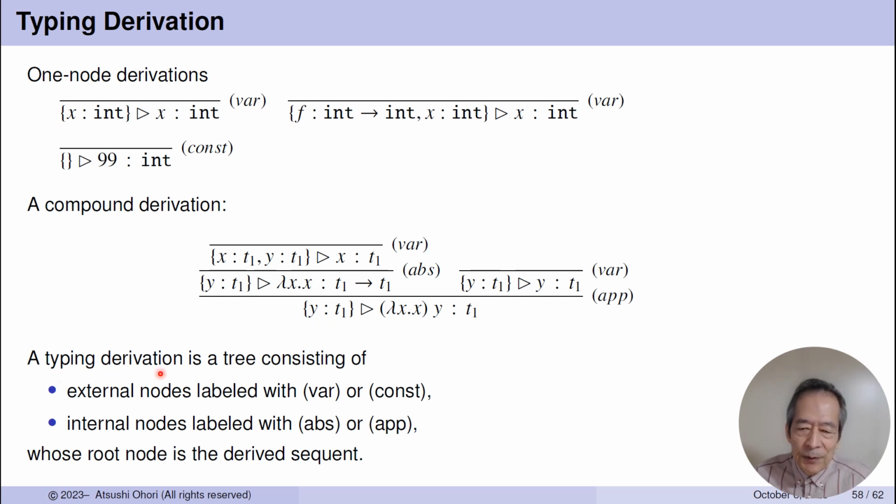So a typing derivation is a tree consisting of external nodes labeled with var or const, and internal nodes labeled with abs or app, whose root node is the derived sequent, the conclusion sequent, right? This is an explicit definition of typing derivation.